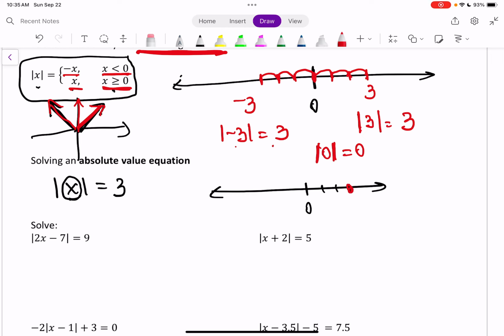If I go this way, I'm going to find the number 3. If I go on the left side of 0, I'm going to find the number negative 3. So I get 2 possible answers for this x value. It's either 3 or it's negative 3.